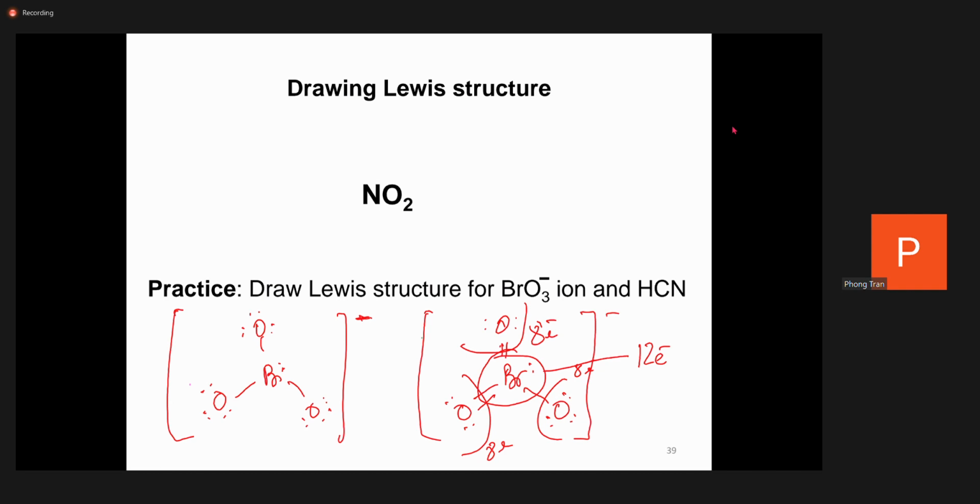Because you have 1s and 3p, the maximum number of valence electrons you can accept is 8 electrons. So the octet rule is applicable for those elements. But when you move to the third row elements, you start to have orbital d, 3d, right? So you can have 1s, 3p, and 5d.